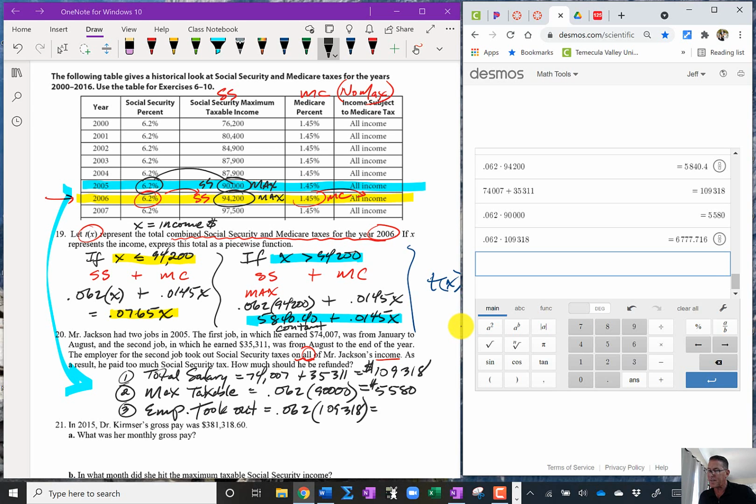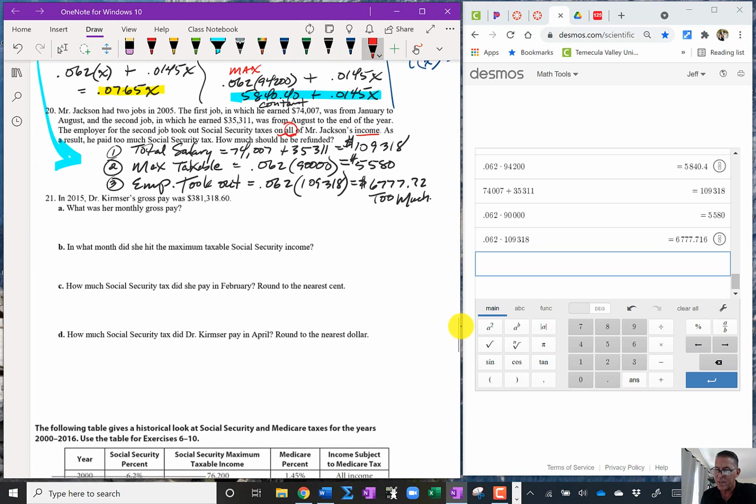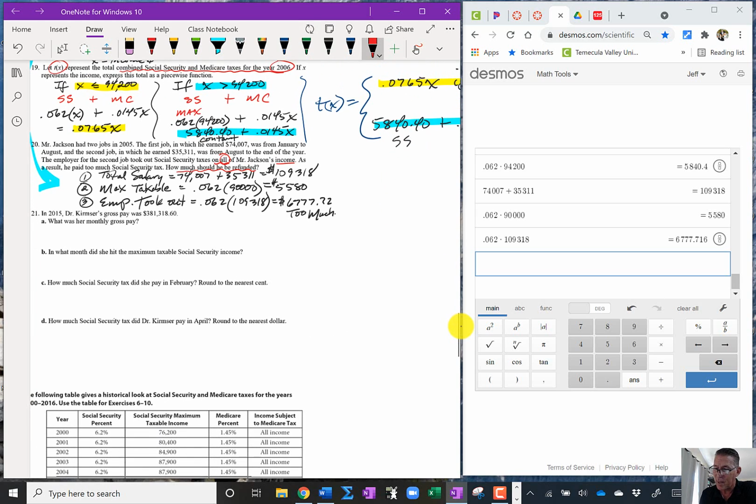There's a lot of sevens in there. All right, minus what they should have taken out. And so he gets a refund of over 1,100 bucks. Okay, so he gets a refund of $1,197.72. That's his refund. And guess what? He's a happy guy, because that is going to be a nice check back.